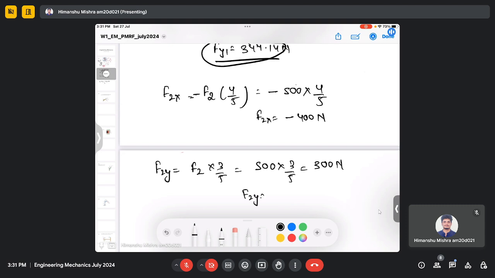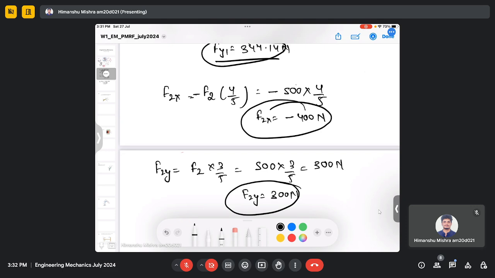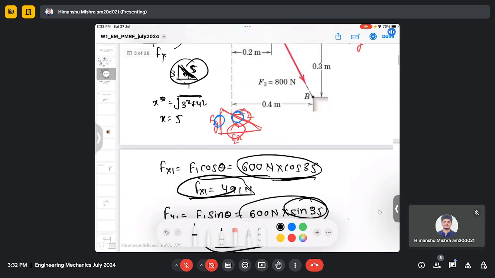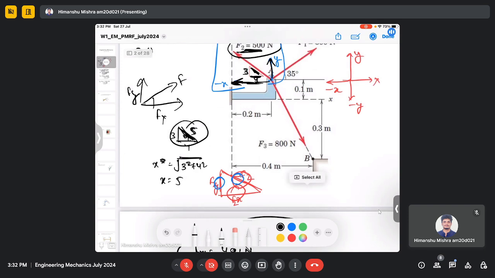So F2y will be 300 Newton. If you are given the triangle, you can use the sides as well to calculate the components. So first we used the trigonometric angle theta to calculate the components, then we used the sides of the triangle. Basically, both are the same thing. It's just that the mathematical technique is a little different, but eventually both are the same.